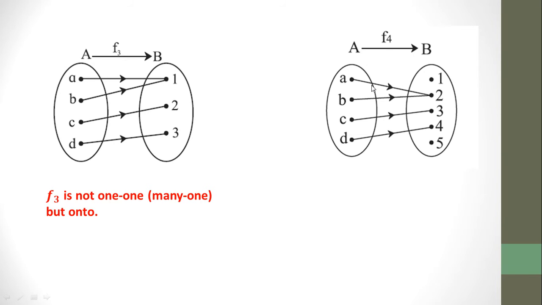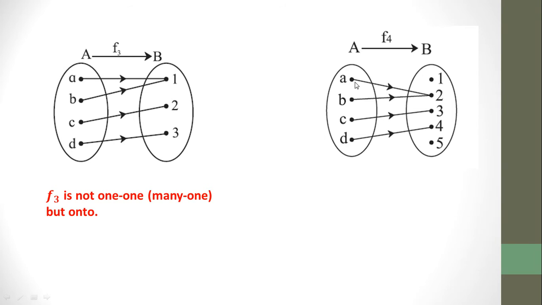Now think about one-one. Is it one-one? Check here. The image of A is 2. The image of B is also 2. So A and B are different elements, but both have the same image, that is 2.